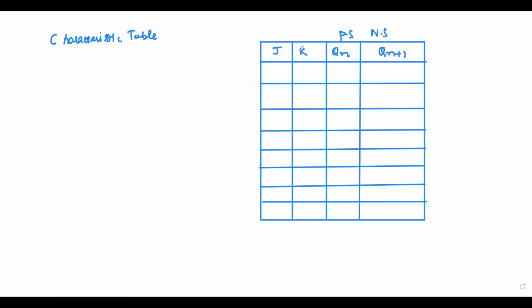On the basis of the present state, what is going to be the next state is what's important. So these are 8 input combinations.